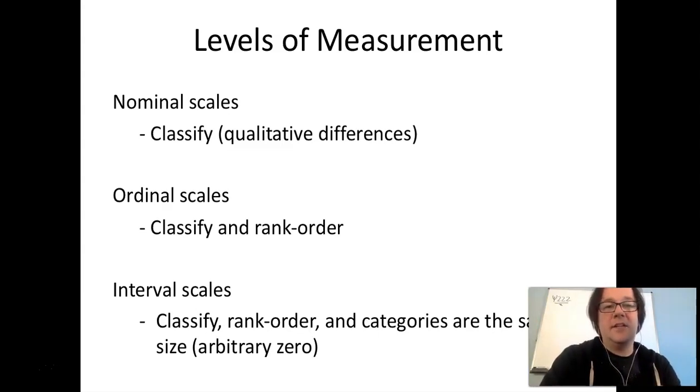Ordinal scales essentially take those categories and then put them in some type of rank order. So they're designed to classify and also to rank people. And the ranking would have some type of meaning associated with it.